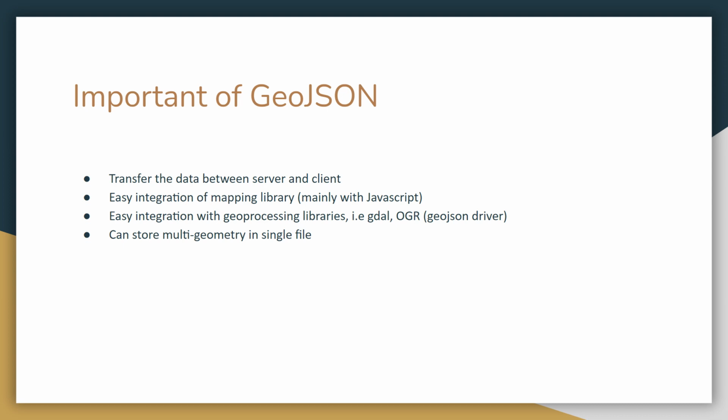So what is the importance of GeoJSON? Here I list out the importance of GeoJSON. The first is that it makes it easy to transfer data between server and client. In web application development, we need to upload data or get the response back in one standard format. It makes it easier to transfer data between server and client, because GeoJSON is a special type of JSON data.